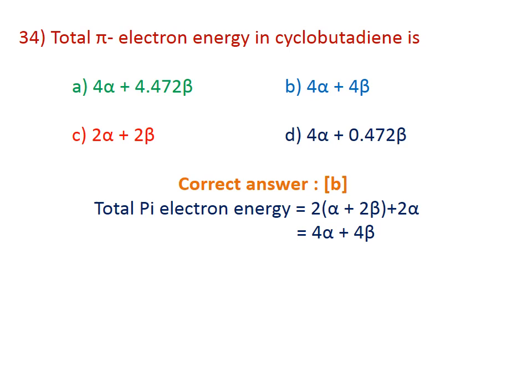Therefore, the 4 electrons are placed in the energy levels alpha plus 2 beta and 2 alpha. You multiply by 2: 2 into (alpha plus 2 beta) plus 2 alpha, that will be equal to 4 alpha plus 4 beta. The total pi electron energy in cyclobutadiene is 4 alpha plus 4 beta. The answer B is correct.